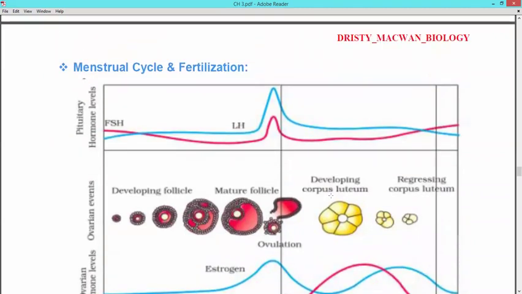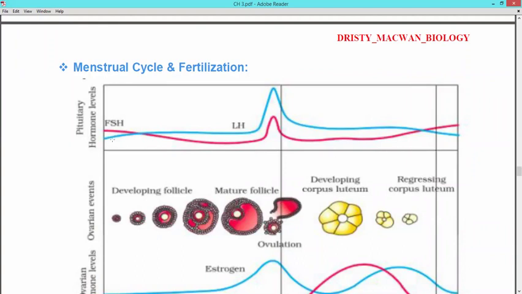And the last one is the pituitary hormone levels. The first is LH, that is luteinizing hormone, and the second one is FSH, that is follicle stimulating hormone. You can see over here, the blue colored line shows the LH and the pink colored line shows the FSH.